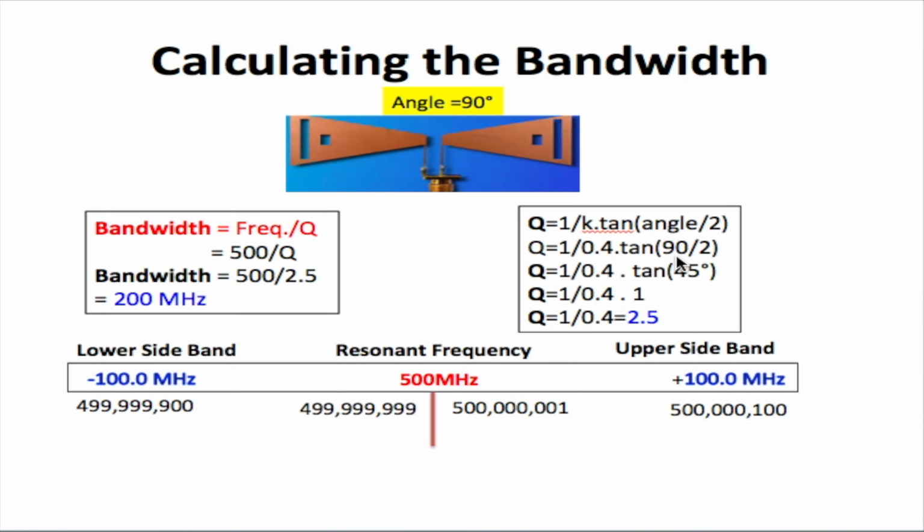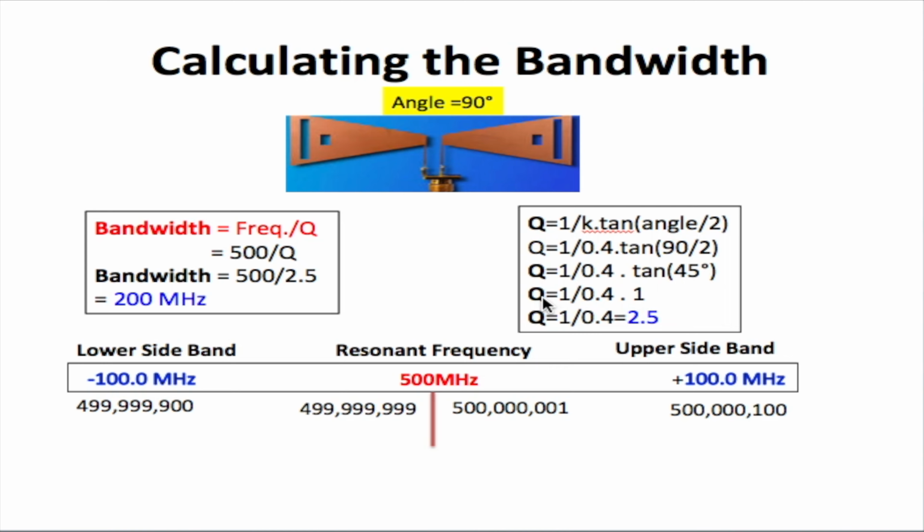So 90 degrees is the best angle to use for the bow tie antenna. So the next line here, we have Q is equal to 1 over 0.4 times the tan of 45 degrees. I divide 90 by 2 and I got 45 degrees.